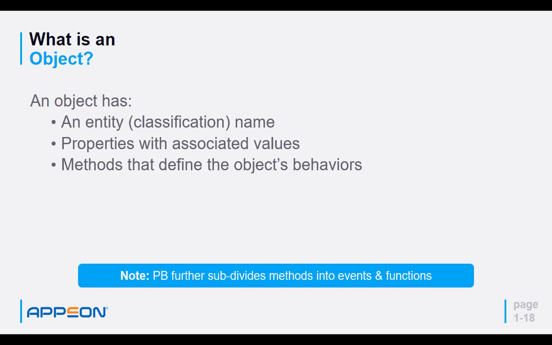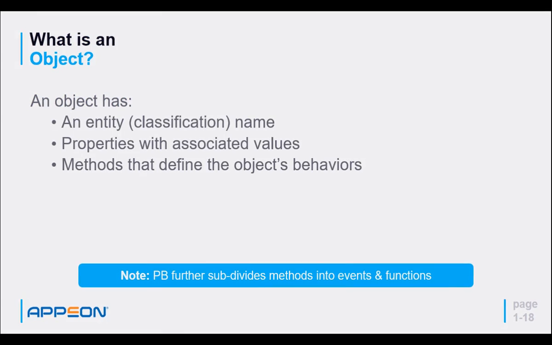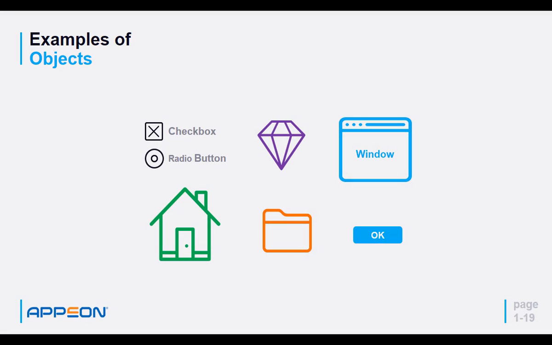But I just wanted to let you know that generically, if you're talking from one developer language to another, if you use the word method, they'll understand what you mean. But PowerBuilder has a differentiation between a method called an event and a method called a function, which we'll have a look at shortly. So let's have a look at an example of objects in the real world and also in the PowerBuilder world. We'll have a look at the diamond structure here.